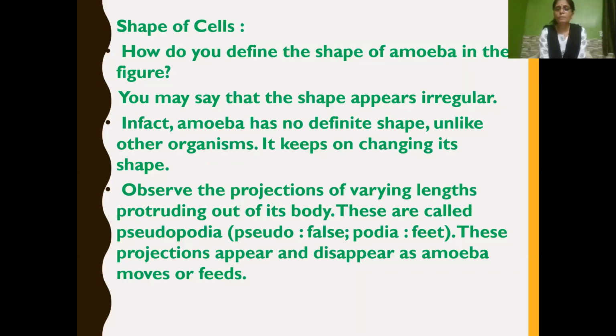If you see the projections of varying length protruding out of the body of the amoeba, those projections we call pseudopodia. Pseudo means false, podia means feet. The projections are feet-like structures. These projections often appear and disappear as amoeba moves or feeds.